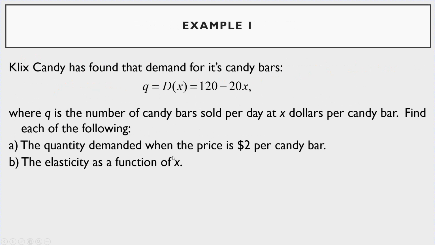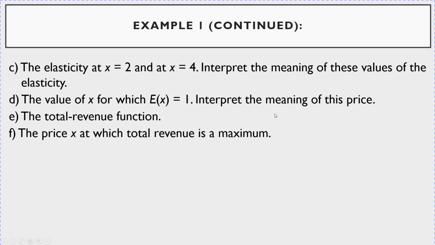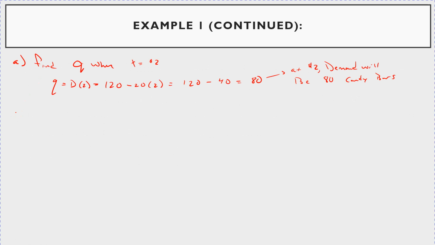All right, next part, B. Let's find elasticity as a function of x, as a function of price. What you're going to need to use is negative x times d prime of x divided by d of x.